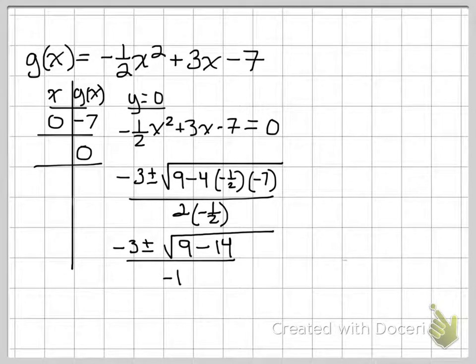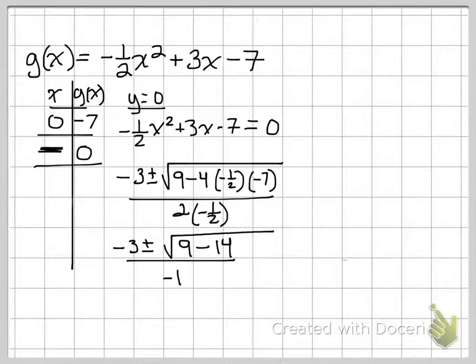Okay, and once again, we've got ourselves no x-intercept, because I've got 9 minus 14. So we'll note that appropriately in the table. So no x-intercept, and then we'll go on to the vertex.